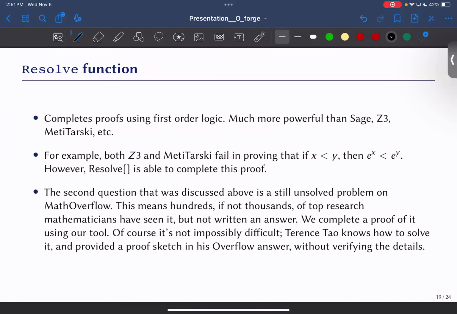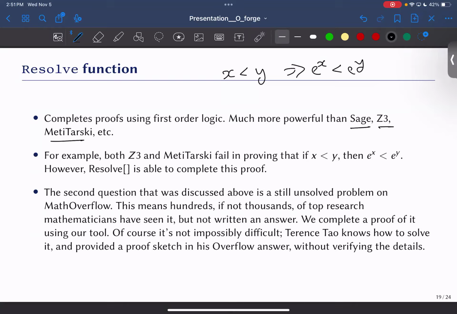And why did we use the Resolve function? It is because first we tried everything else, and none of it worked. For example, Sage, Z3, Metitarski, which are some very powerful SMT solvers, they're not even able to prove that if X is less than Y, then e to the X is less than e to the Y. They know that it's monotonic. They should know it's monotonic. Not true if they're matrices.